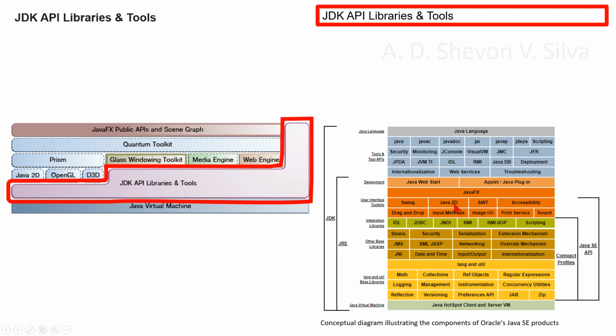Java 2D graphics and imaging. The Java 2D API is a set of classes for advanced 2D graphics and imaging. It encompasses line art, text, and images in a single comprehensive model.